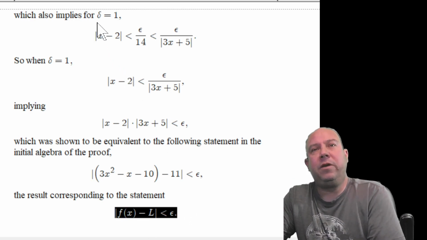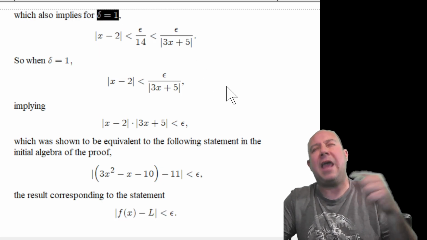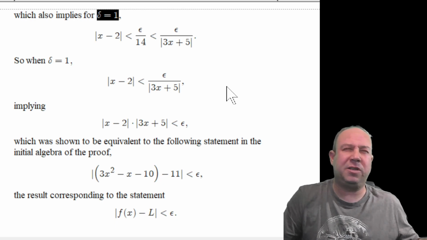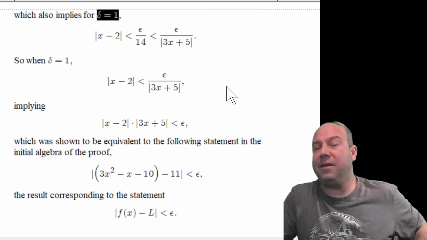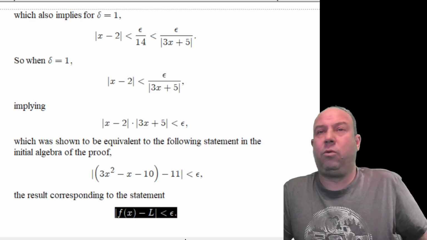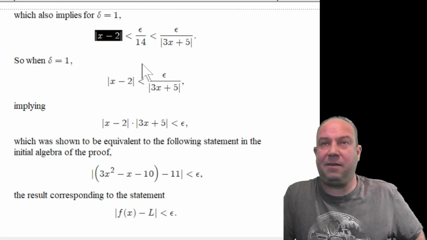We have shown that for our first choice of delta equal to 1, when epsilon is given to us with a value greater than or equal to 14, this result will always occur when the absolute value of x minus 2 is less than that value of delta.